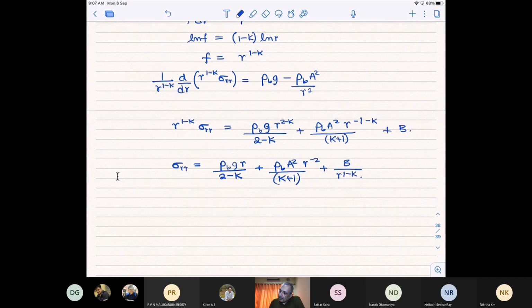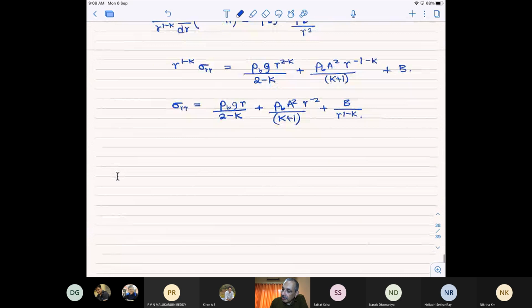Okay, so this is the solution. You have two unknown constants over there, and so we can apply boundary conditions.